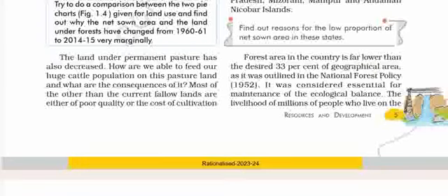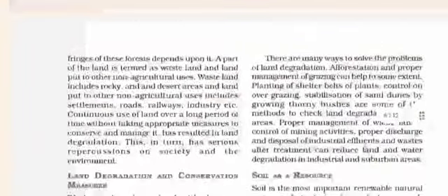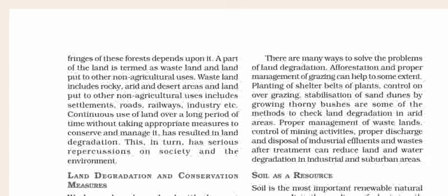Forest area in the country is far lower than the desired 33% of geographical area, as it was outlined in the National Forest Policy 1952. It was considered essential for maintenance of the ecological balance. The livelihood of millions of people who live on the fringes of these forests depends upon it. A part of the land is termed as wasteland and land put to other non-agricultural uses.